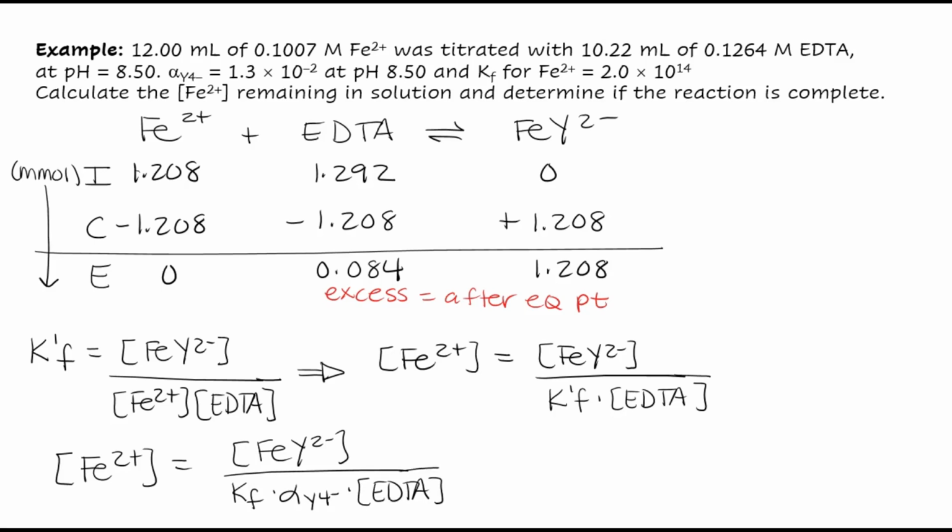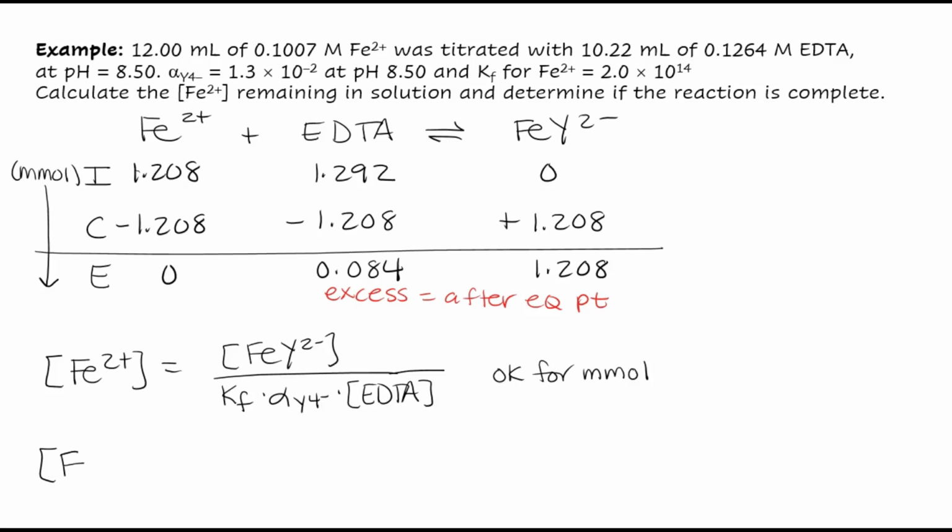And even though we have the molarities shown here, we can actually plug in millimoles because the volume terms will cancel. So this is one of those rare occasions where we actually can plug millimoles into the equation. We'll get the same answer.